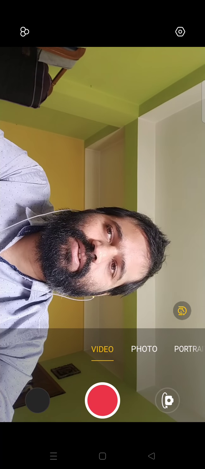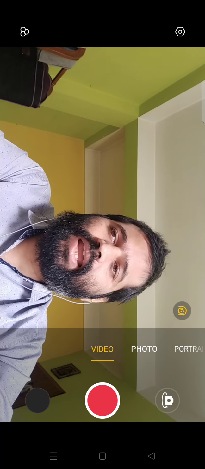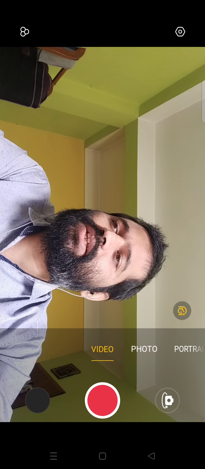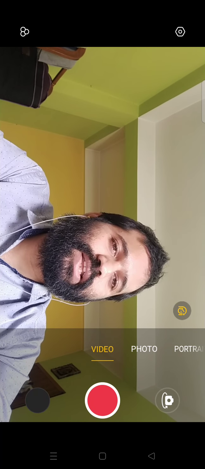Now in the question it is said that if the temperature is 0 degree Celsius, what is the temperature in Fahrenheit? So we got 32. And if the temperature is 0 degree Fahrenheit, what is the temperature in Celsius?